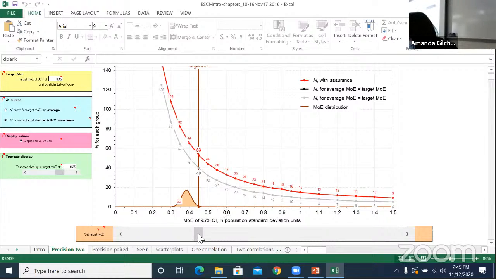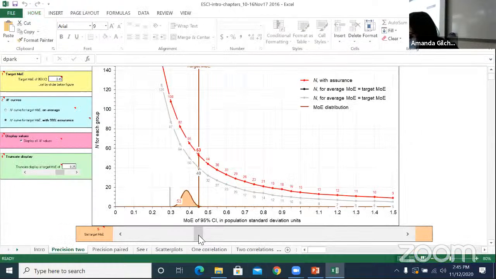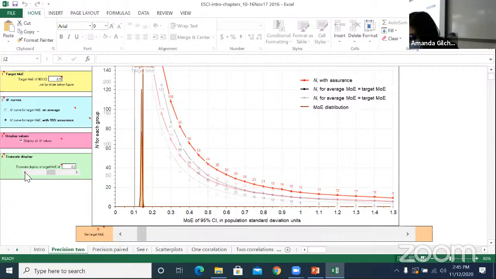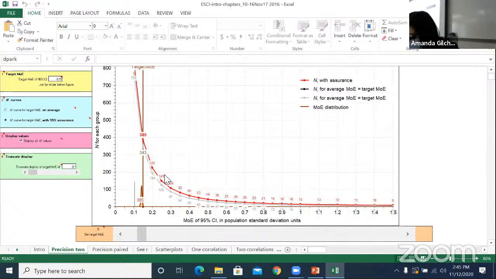Now, I don't think we need to truncate for this one, but with our Cohen's d being 0.3, we're going to have to round it out. Okay, so here's 0.15. So we're going to truncate this a little bit more so we can actually get the sample size.